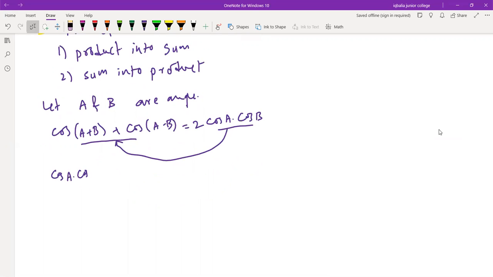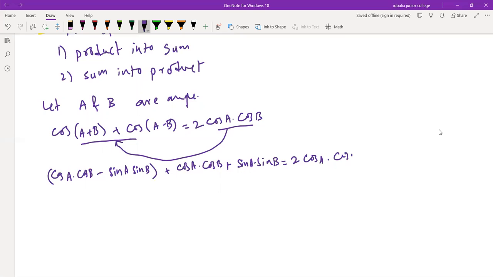You will get cos A cos B minus sin A sin B, in the first bracket, then plus cos A cos B plus sin A sin B. These two terms, sin A sin B, will get cancelled, and we will have two times cos A cos B. So here we get 2 cos A cos B, that is left hand side is equal to right hand side.